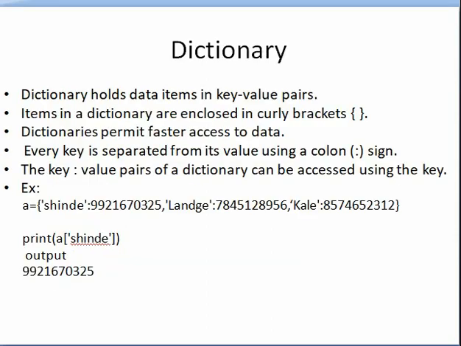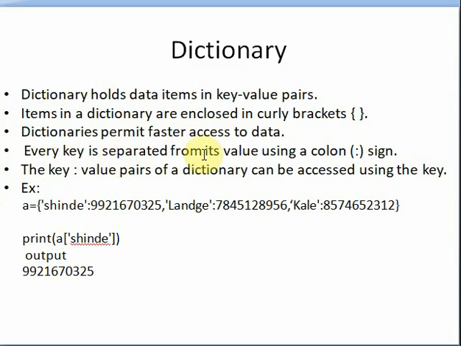Dictionary is a data type where you can store key value pairs. Items in a dictionary are enclosed in curly brackets. Dictionaries permit faster access to data.